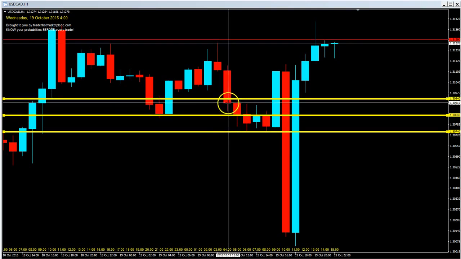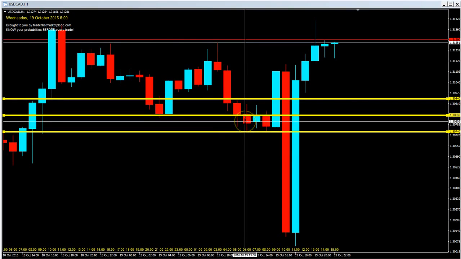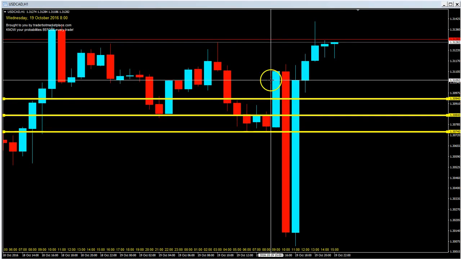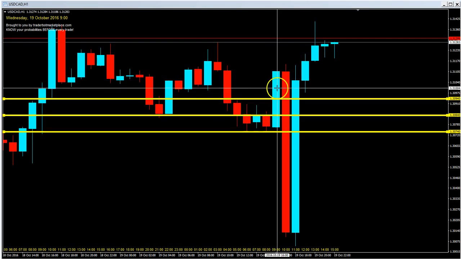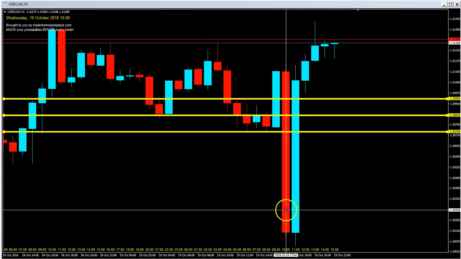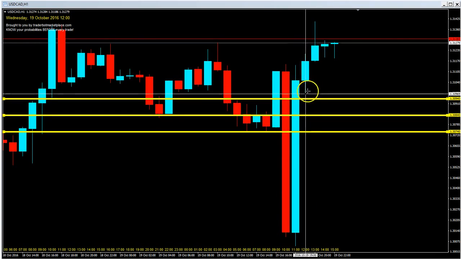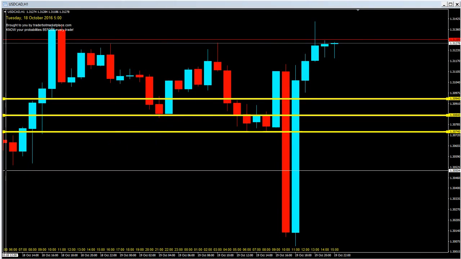Okay, if you're going to buy, say right here, and it moves against you and you buy more here, and it looks like it's going up, and you're like, okay, it's going to go up, and then it starts to drop, and you buy more here and buy more here and buy more here and buy more here in the hope that it's going to reverse, which it did in this situation. But it doesn't always do that.